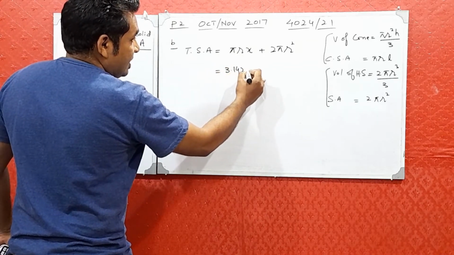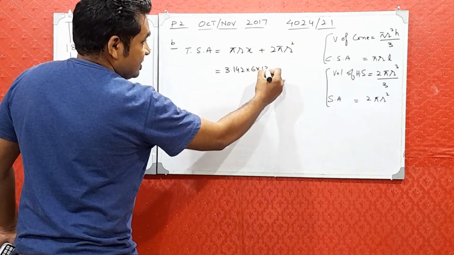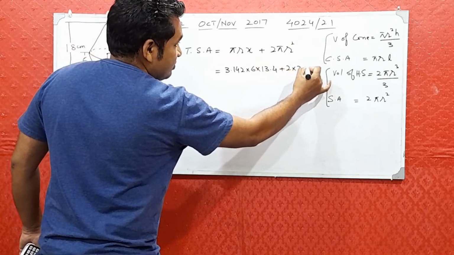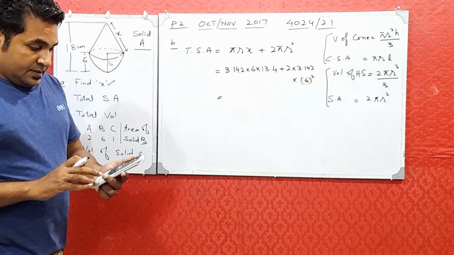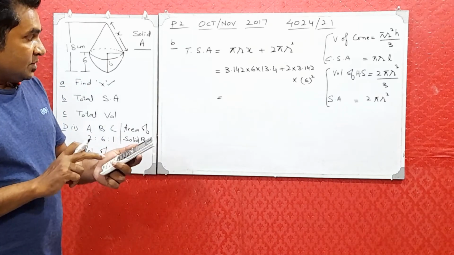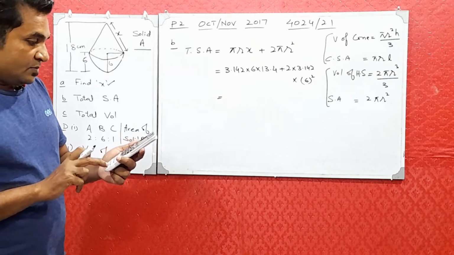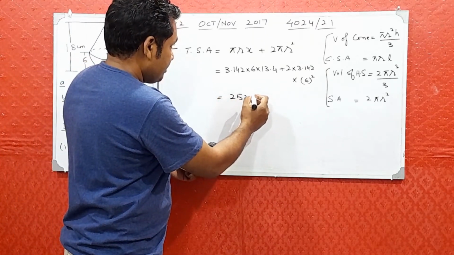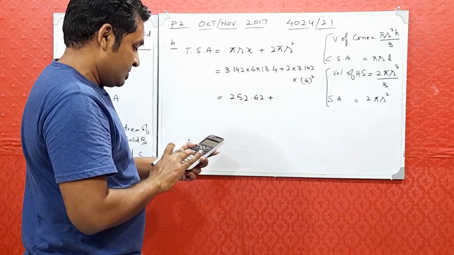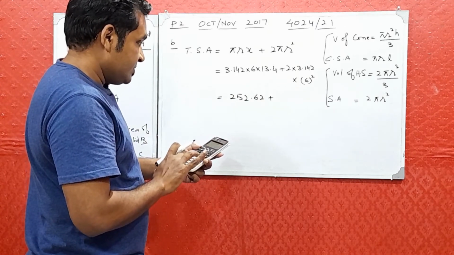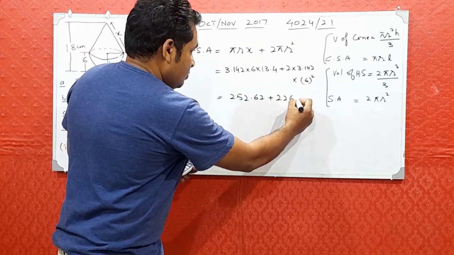Now just substitute all the values: 3.142 times r, which is 6, times x, which we found in the first part, 13.4, plus 2 times 3.142 times 6 squared. Now simplify it on your calculator. 3.142 times 6 times 13.4 is equal to 252.62, plus 2 times 3.142 times 6 squared, which is 226.22.